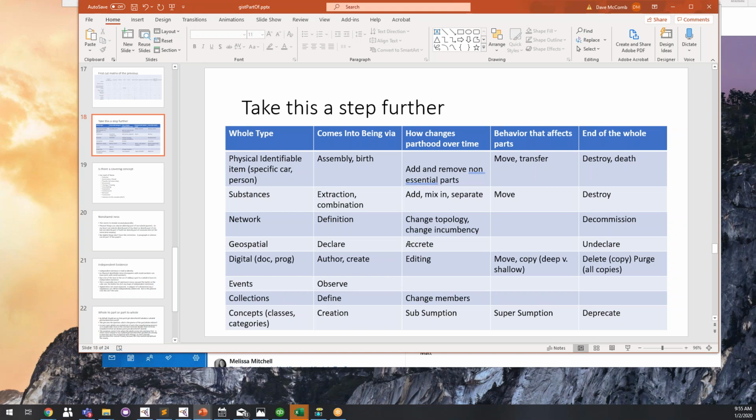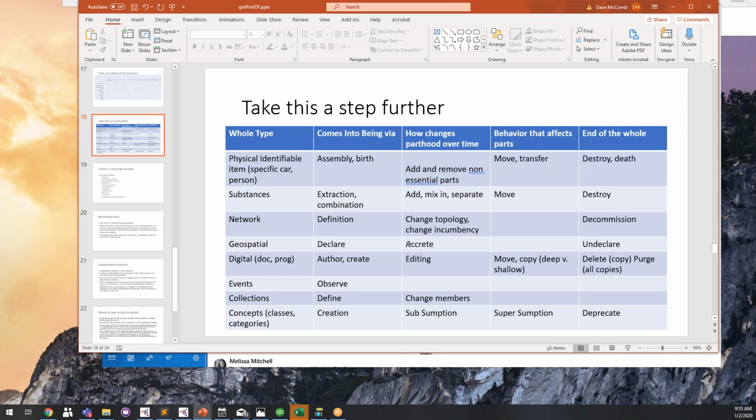Hey, Dave, I was going to say, at first I thought it was clear that there's some event that causes the whole. But that's not always true, because there's the assembly of the car, that's one example. But then there's also the slicing of the loaf of bread, right? Once you've sliced it, your parts are the pieces of bread. One of them is additive in the sense that you're assembling the car.